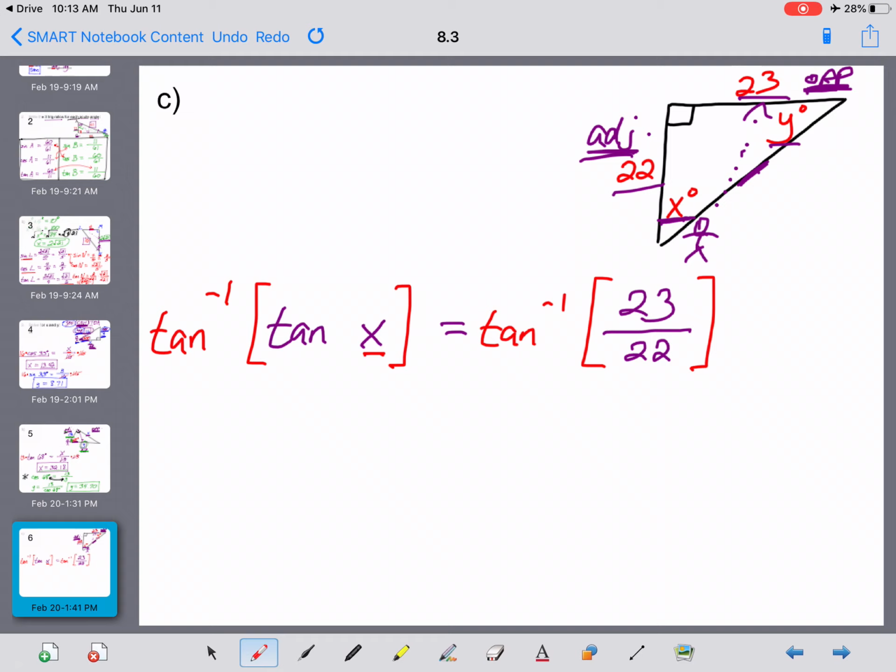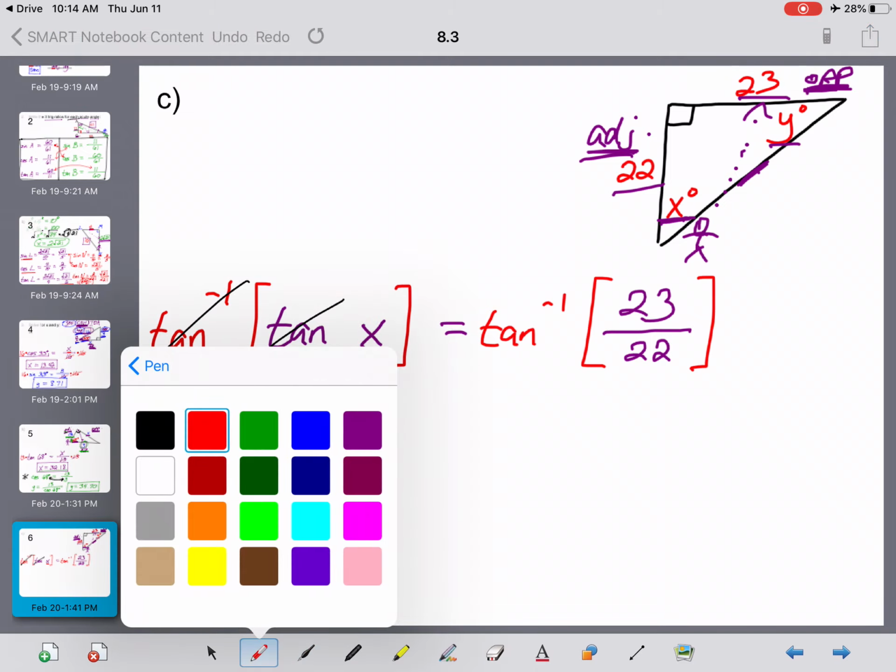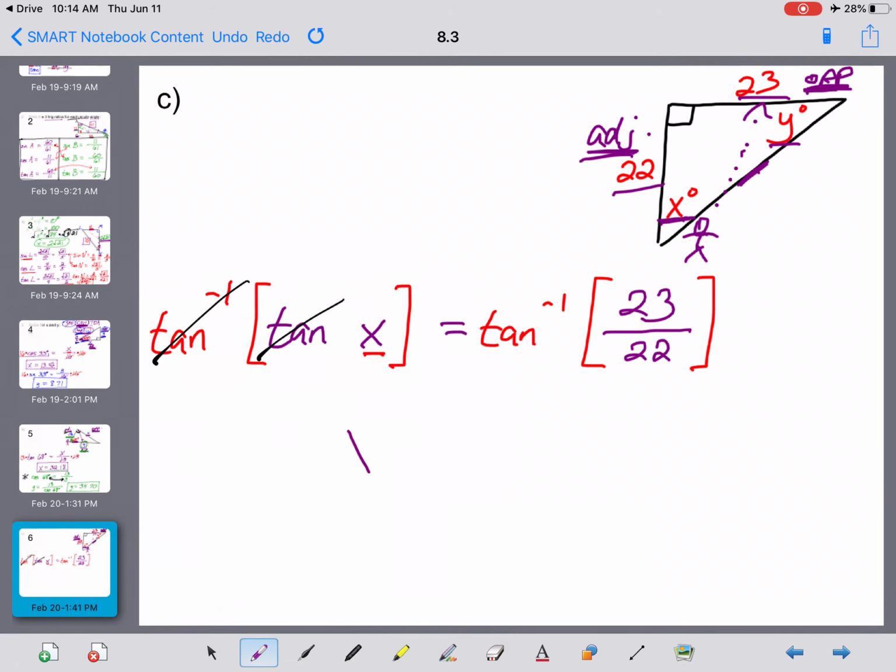Now, here's the really good news. Inverse tangent and tangent are inverse operations. So when you go to take inverse tangent of x, the inverse tangent and tangent simply cancel each other out, and your left side is just plain old x, which is exactly what we wanted. Now on the right side, we're going to go ahead and evaluate this.